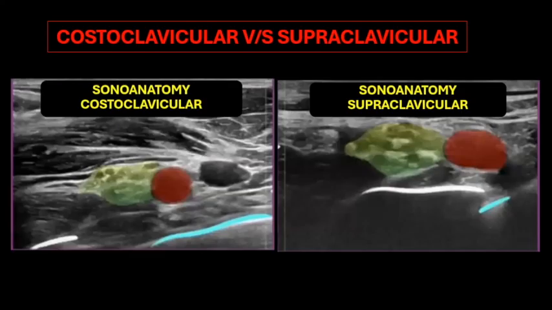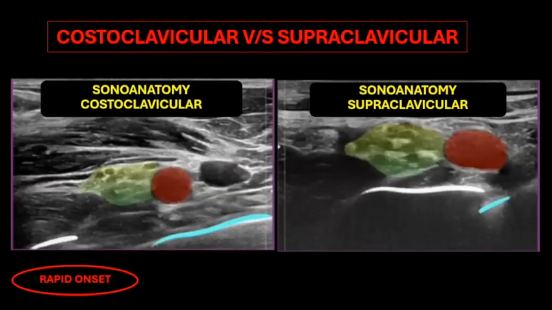See, in the costoclavicular space, the plexus and the cords are condensed into a small, compact space. There's more neural tissue and less connective tissue, and it is far from the pleura. While in supraclavicular, the area of the plexus is large because of more connective tissue, and they are very close to the pleura.